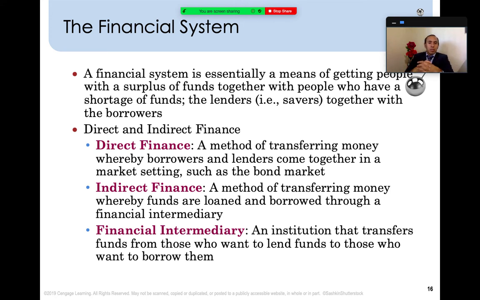So the financial intermediary is crucial. It's any institution that transfers funds from those who have excess or saved funds and are willing to deposit them, and lends them to those who want to borrow them in the financial markets. Financial institutions facilitate the flow of transactions between savers and borrowers.